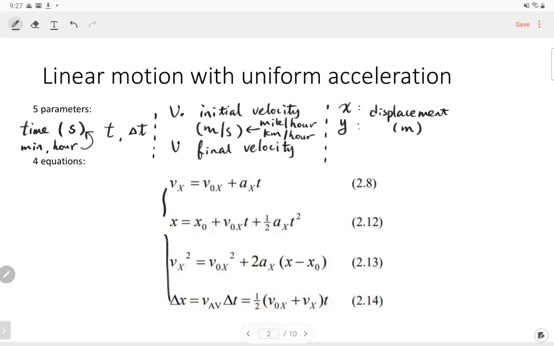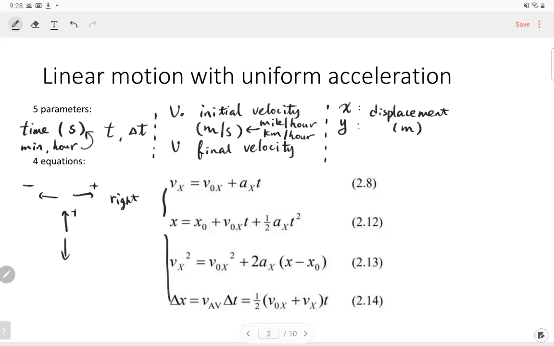Also, when we talk about velocity and displacement, they are vectors. So for linear motion, there are only two directions, positive and negative. So for every motion at the beginning, we need to define which direction is positive. So we define right is positive or up is positive.